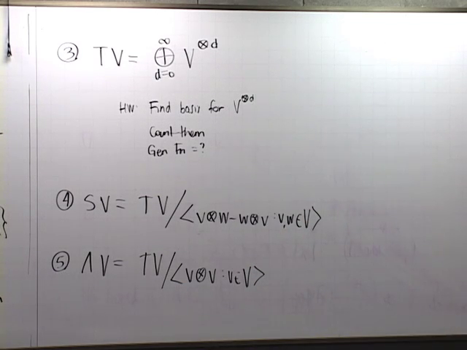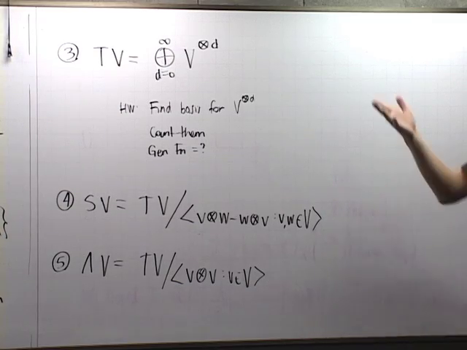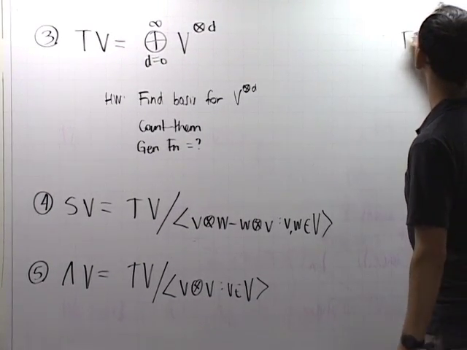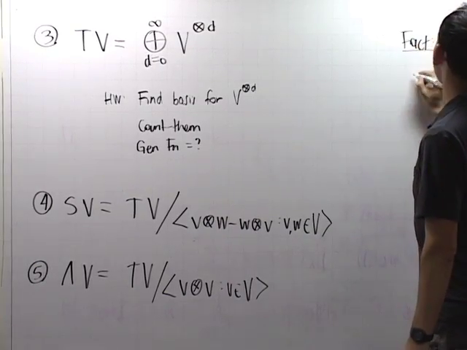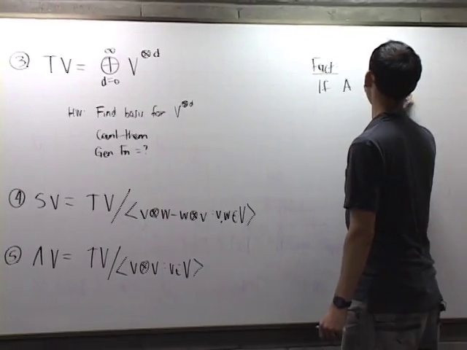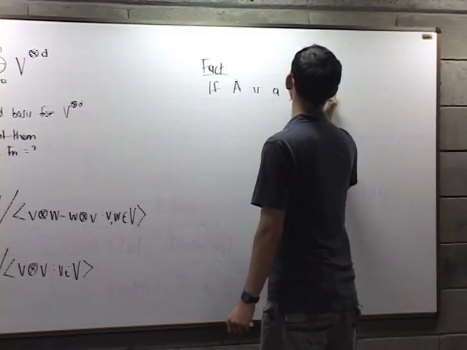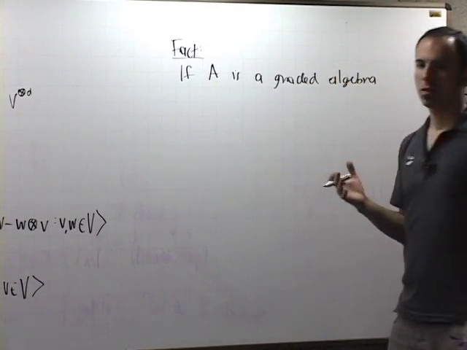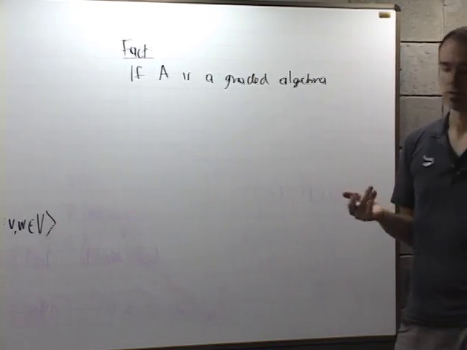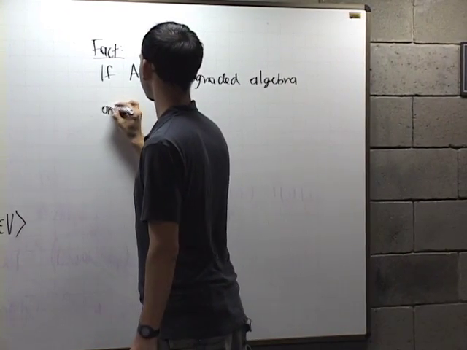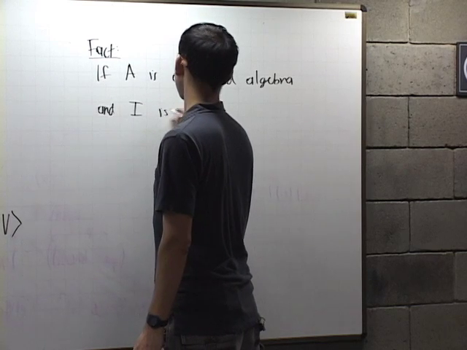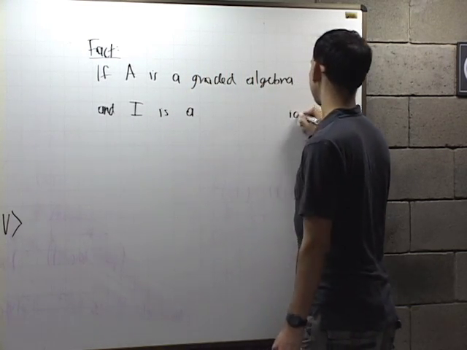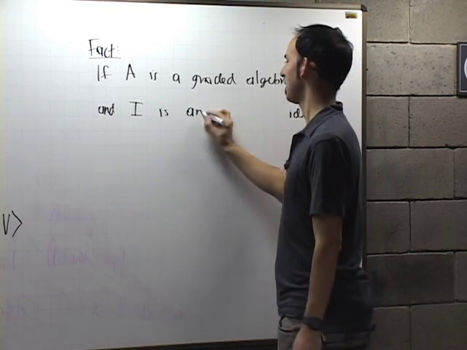So if I'm asking you to compute the Hilbert series, I must be implying that these are graded, right? And so here's a general fact that you can use, that if A is a graded algebra, and now I want to consider an ideal I. Okay.